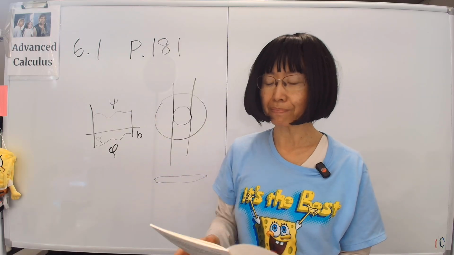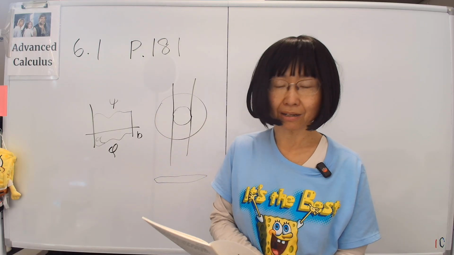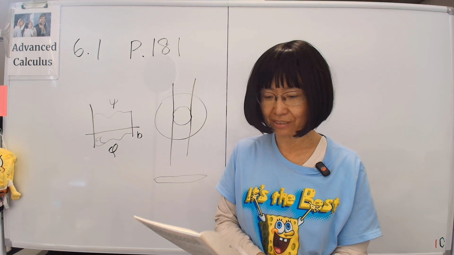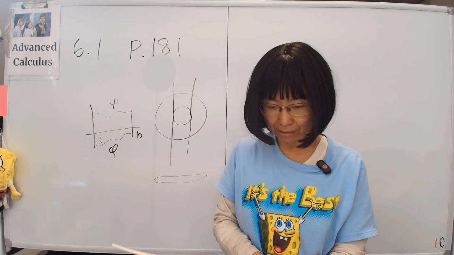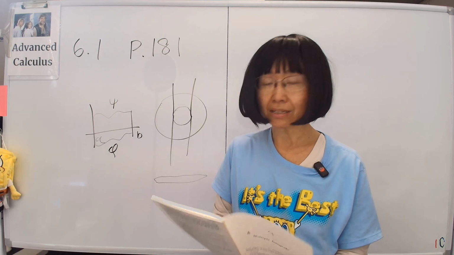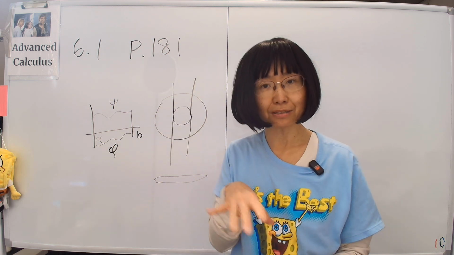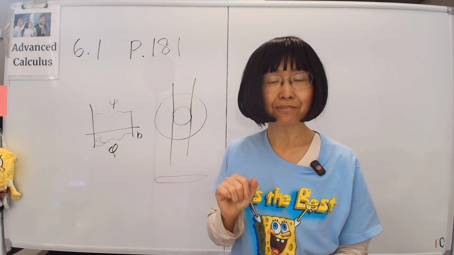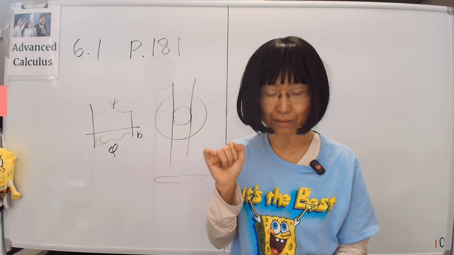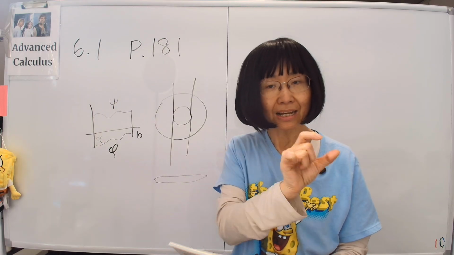So next, let's look at page 183, definition 2. The norm of delta, the norm of a subdivision delta. Did we call it delta before? No, we're just now calling it delta. Delta is the subdivision, just like before, okay? Except now our subdivision consists of areas, or subregions, rather than before when we had little line segments.